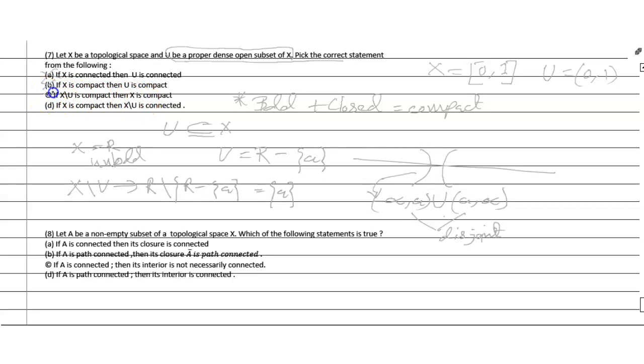No, because you will see that R minus a equals a, this is compact, but X equals R, then it is not compact. Number D is correct: if X is compact, then X minus U is connected. Option D is correct.